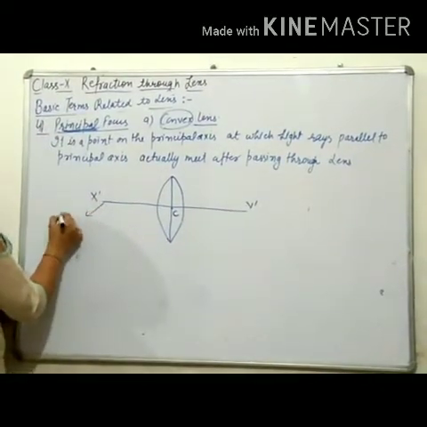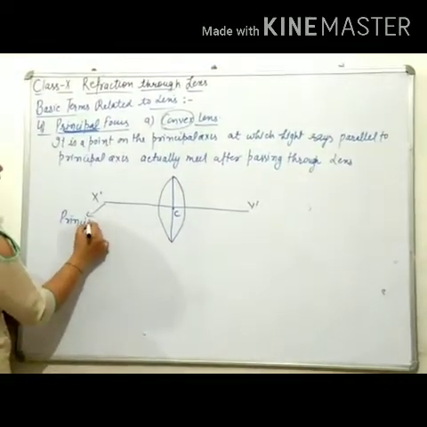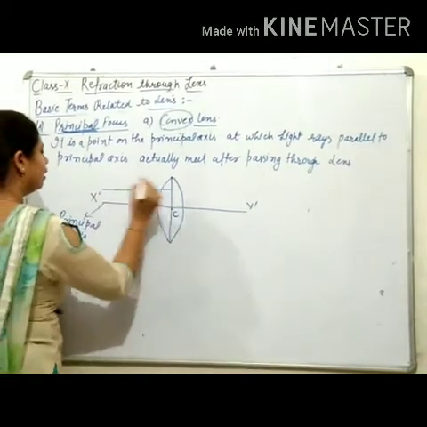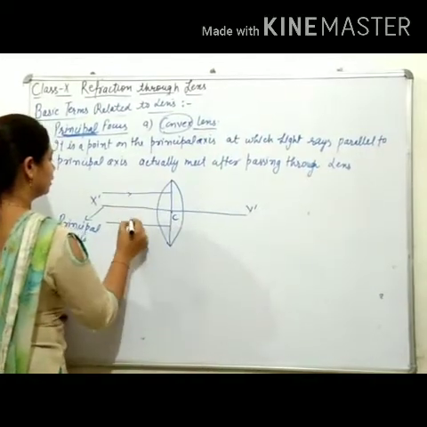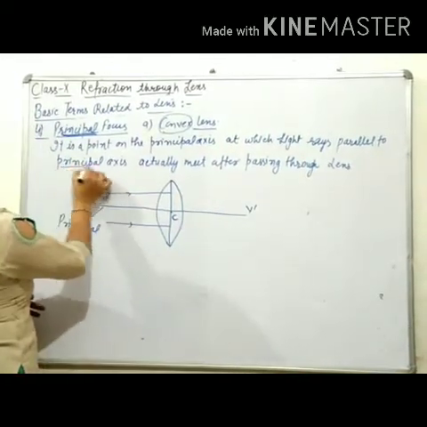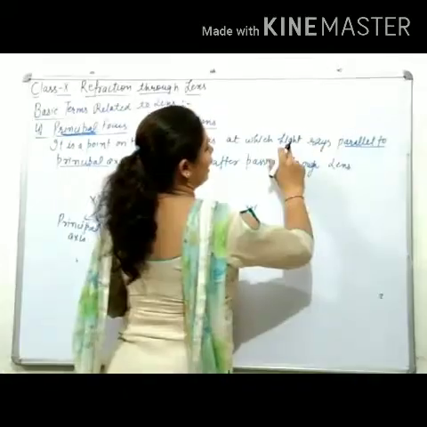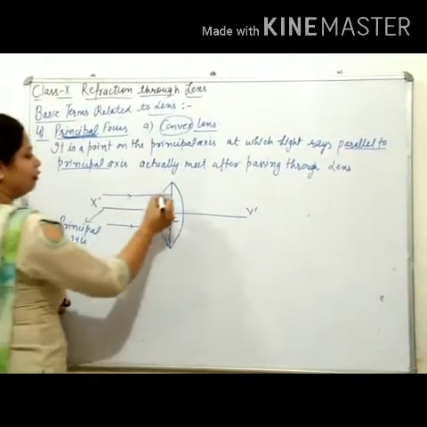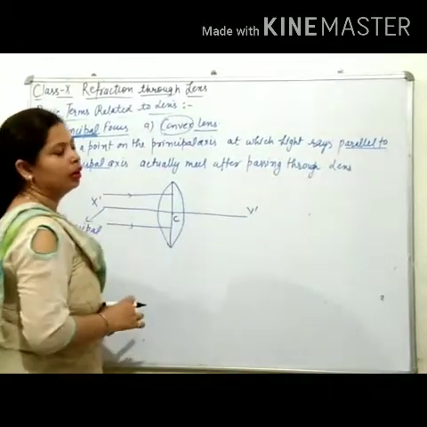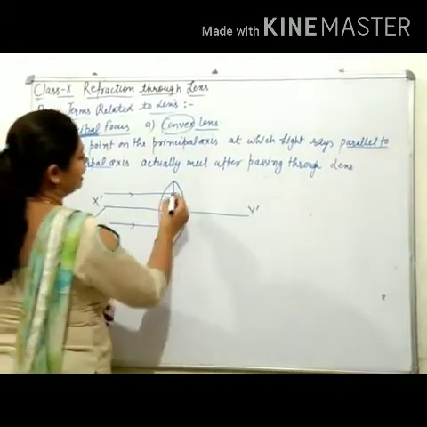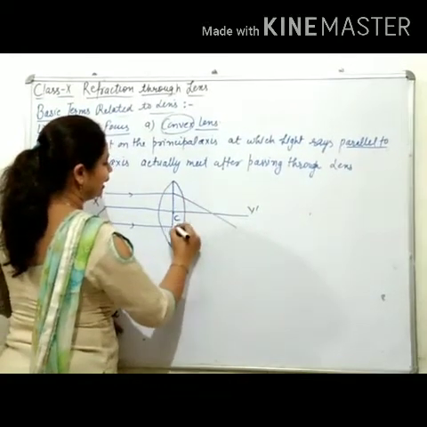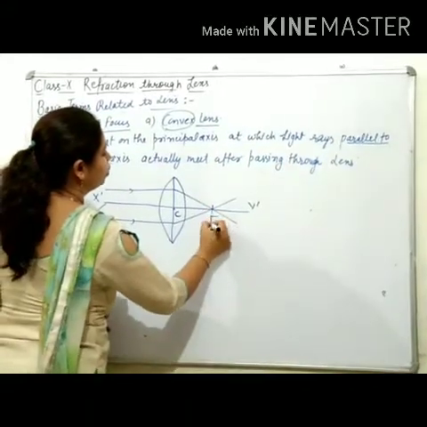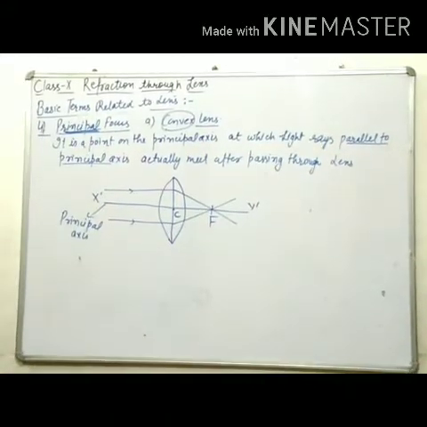So if there are a large number of light rays parallel to the principal axis, after passing through the convex lens, they get converged at a point, and this point is known as principal focus.